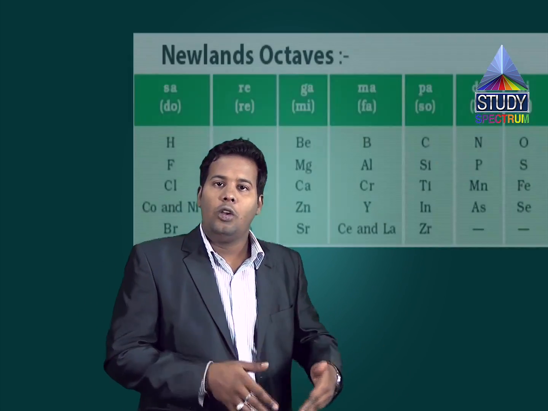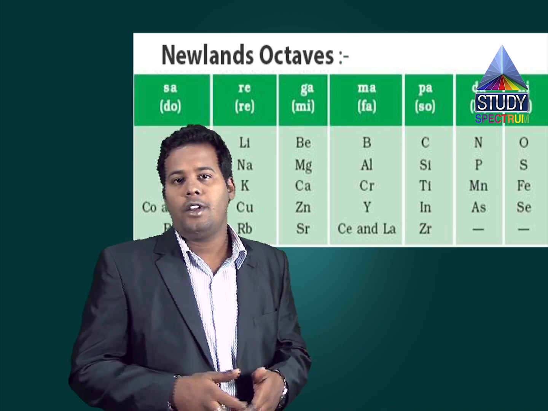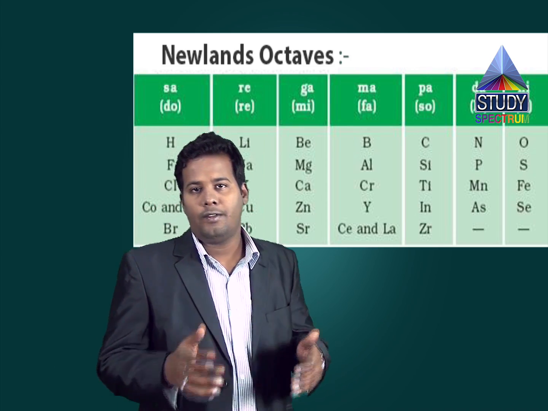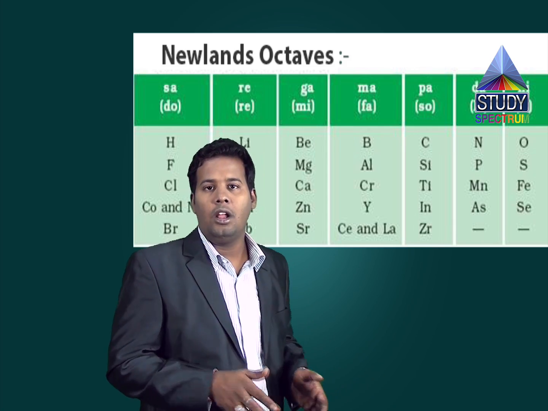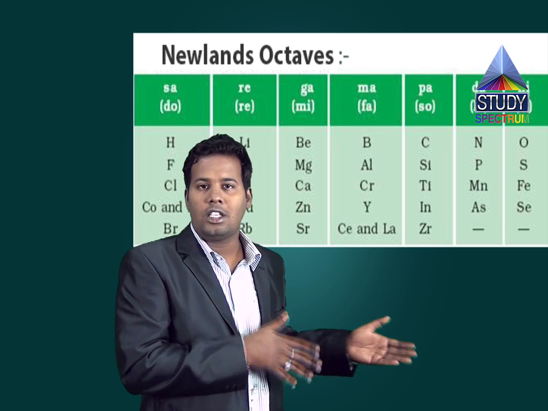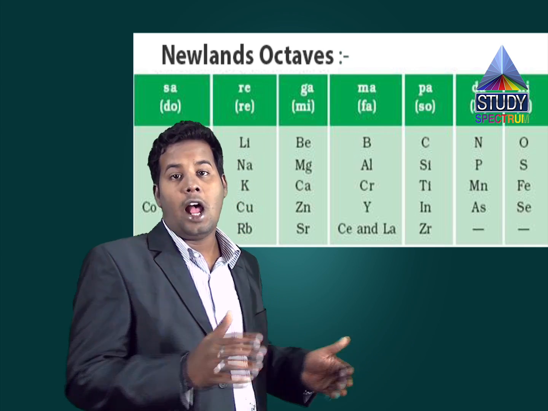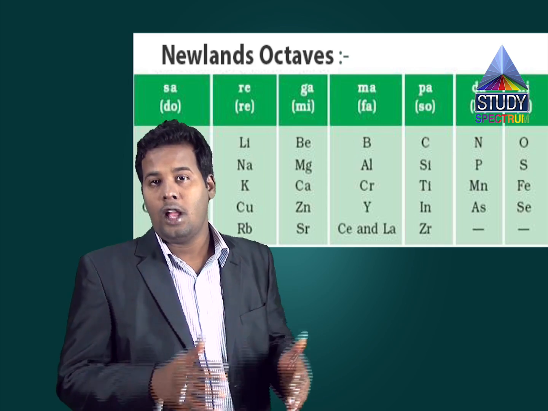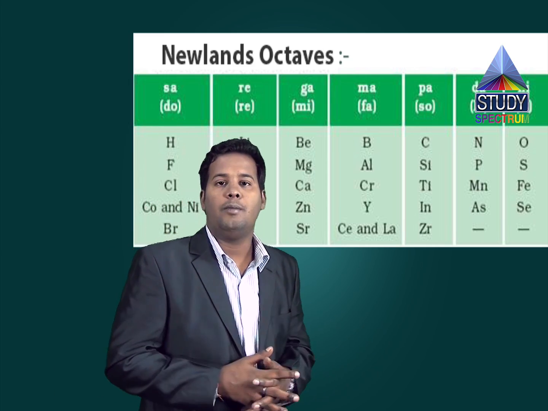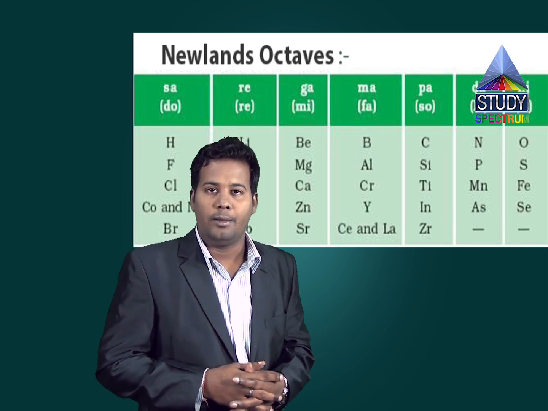Then we have seen Newland's law of octaves, that the property of every 8th element is similar to the first element of that periodic table, but the problem was he was able to classify only 21 elements, and 56 elements were discovered at his time during formation of the periodic table.